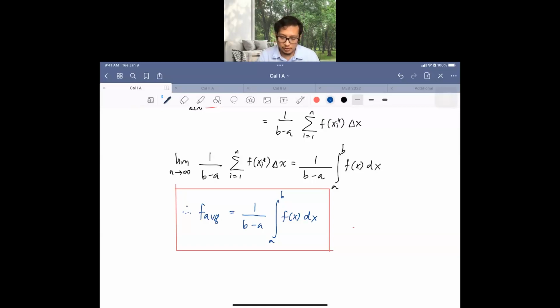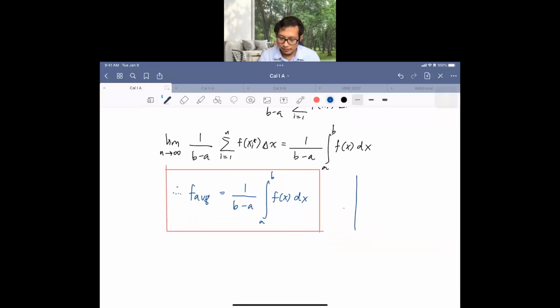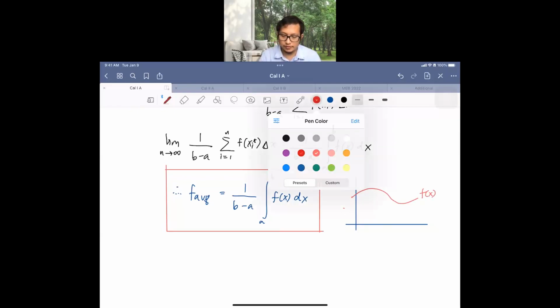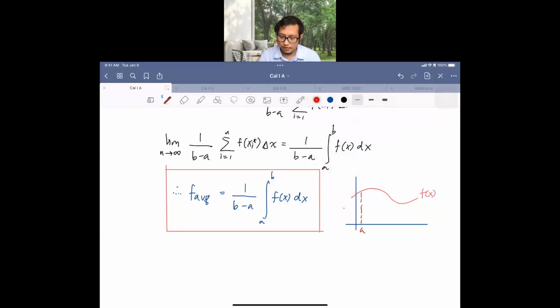What I mean is, we have the curve, and let's say this is the area under the curve. We know the area as the integral from a to b of f(x) dx.